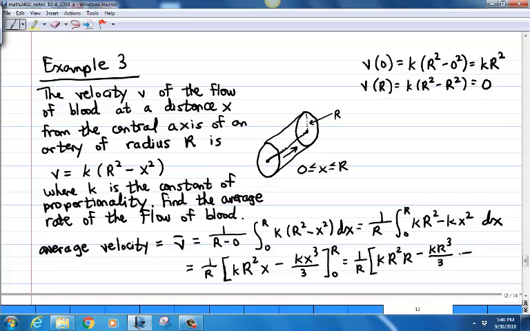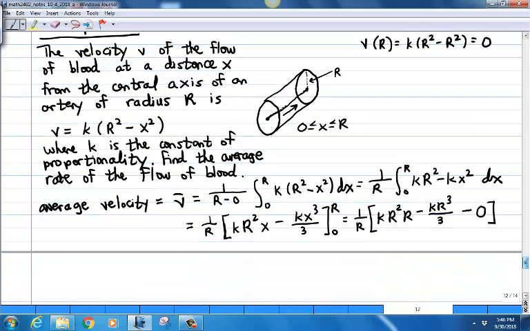And now, when I evaluate it at 0, that's exceptionally easy because both terms contain x. So that means when I substitute 0 for x, all the terms are going to disappear. So when I evaluate this at 0, I'm just going to get 0. Nice, right?